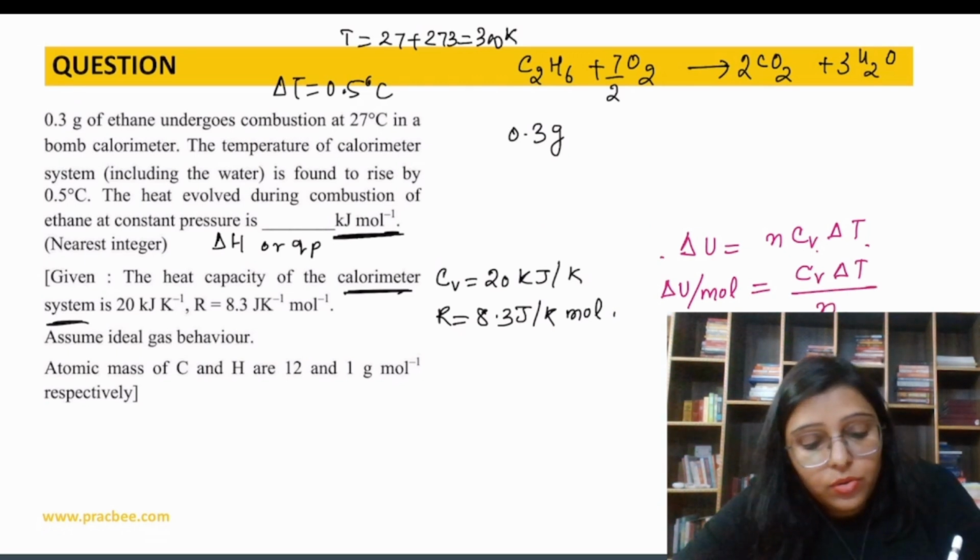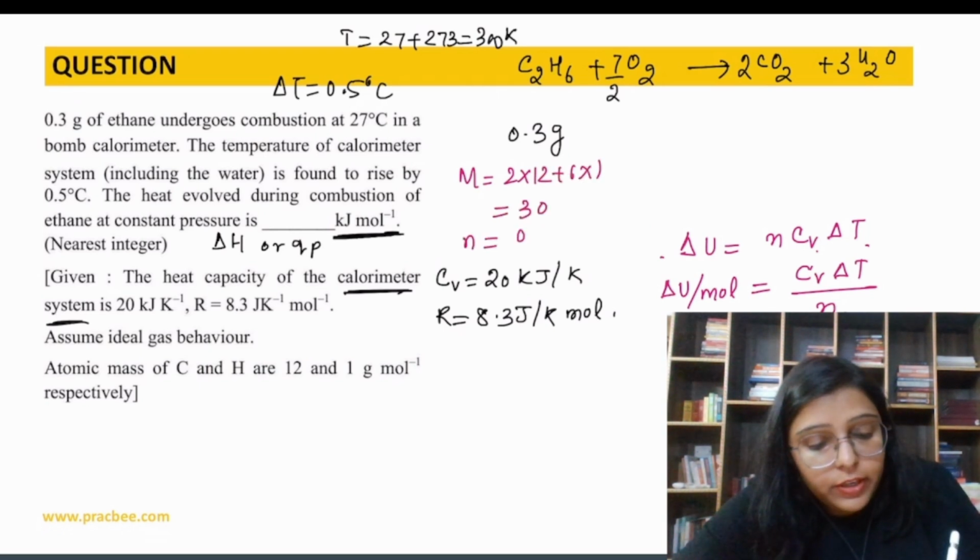So molar mass is equal to 2 into 12 plus 6 into 1, which is equal to 30, and the number of moles is 0.3 upon 30, which is equal to 0.01.